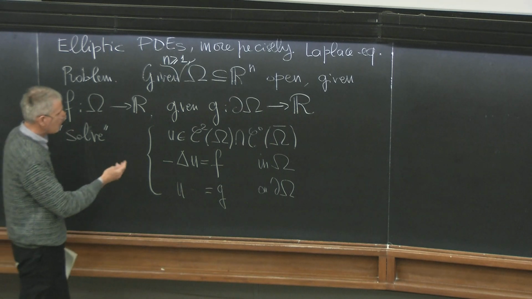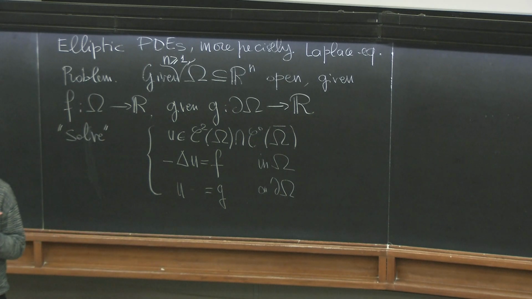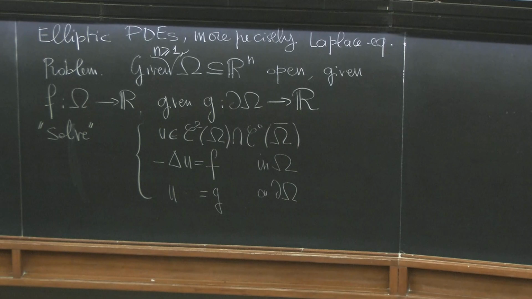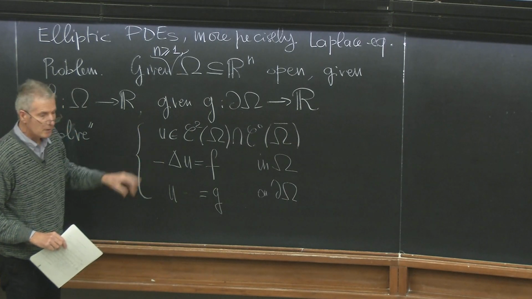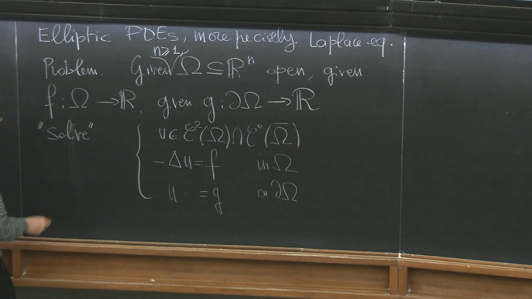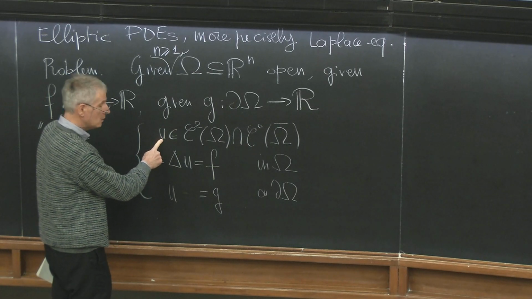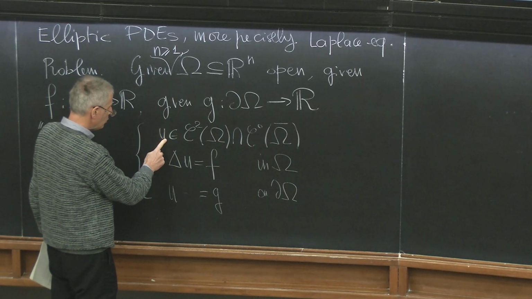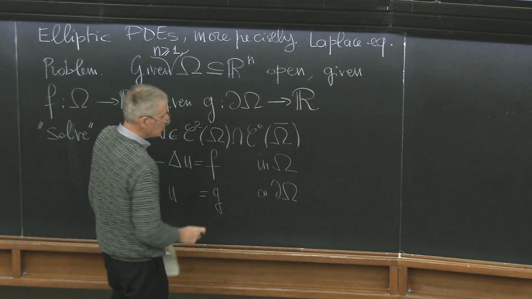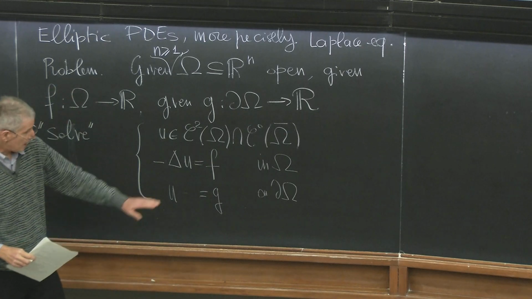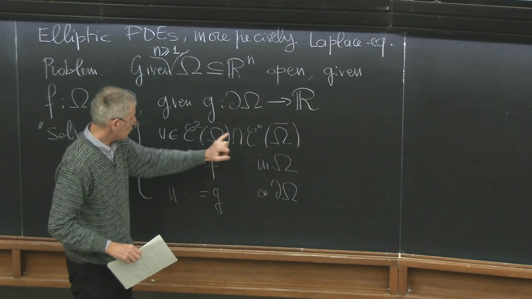First of all, there are various different ways to even set the problem. The way I write it here is in a classical form. Classical because u is the unknown. We are looking for a function u which is C2 in omega, and continuous up to the boundary of omega, so on the closure. Why do I need these 2 conditions?